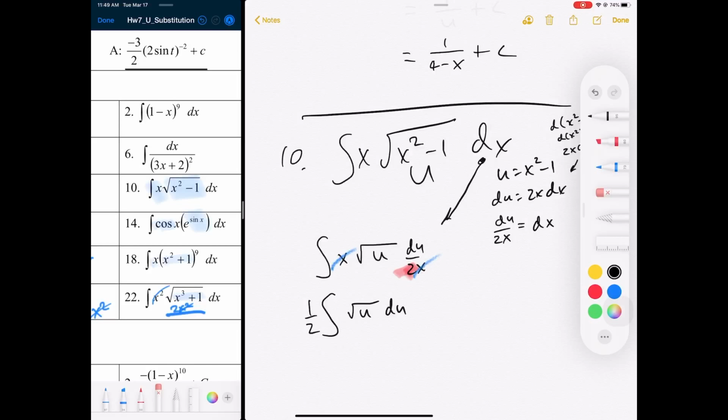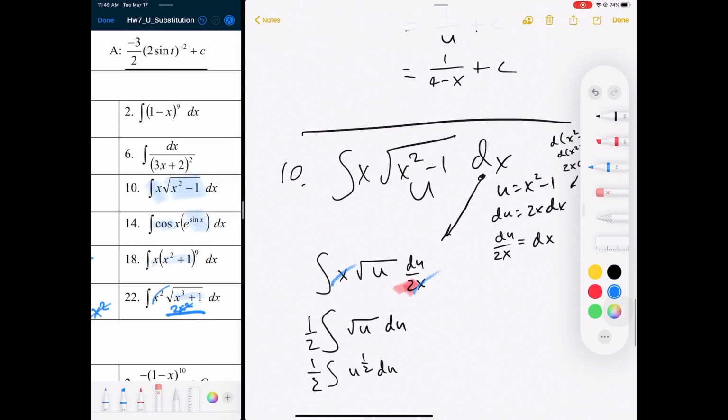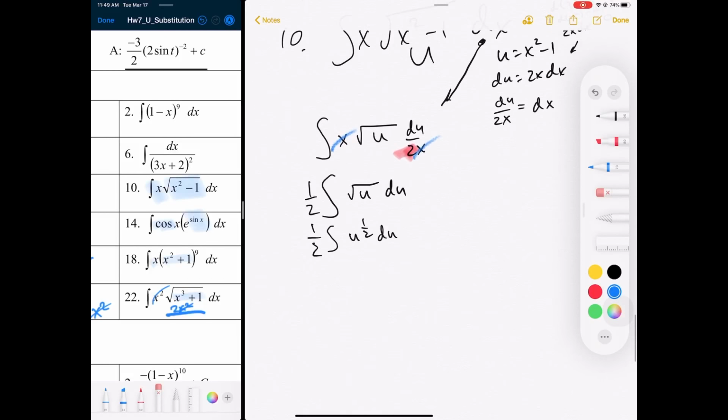Now, this problem might be tough, but we don't have any identities for this. But you could write this as an exponent instead. 1 over 2 integral of u to the 1/2 power. Remember, square roots can be written as exponents. And now it's a power rule problem. Plus 1, 1/2 plus 1.